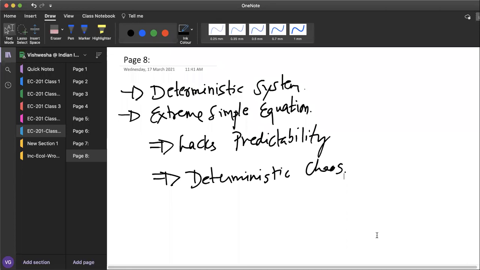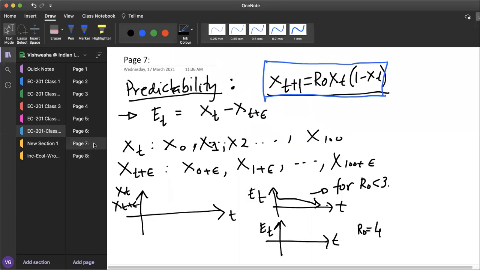Yeah, thanks. I had another observation from the previous page 7, where we found that when epsilon was really small, even when R0 was greater than 3, it would vary a lot, and then it would stabilize at 0 in the end. Okay, yeah. So that's possible, absolutely.